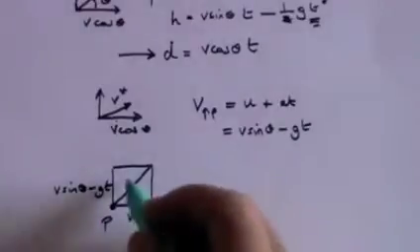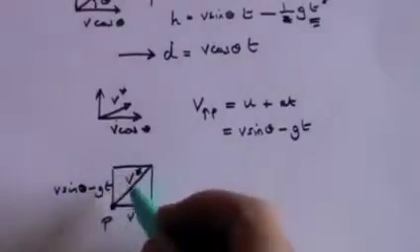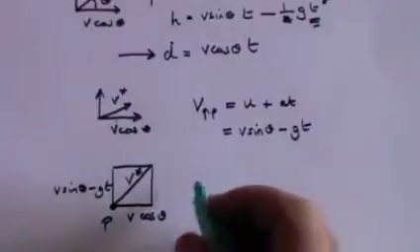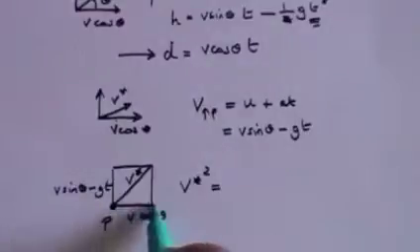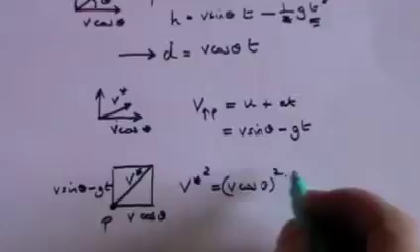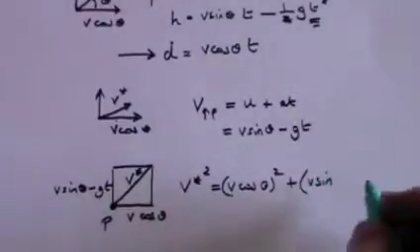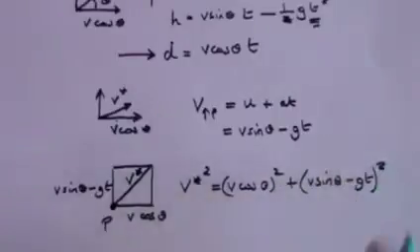And if you want to know v star, which is the actual velocity once you have taken out the resolved parts, well, you just use Pythagoras for that. V star squared is equal to v cosine theta all squared, plus v sine theta minus gt all squared.